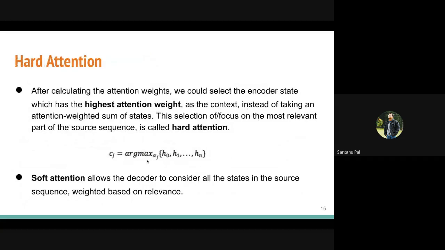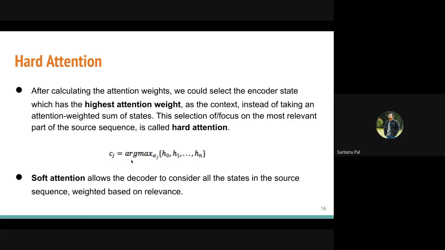So here c_j, the context vector, will take the argmax based on alpha_j, which is the maximum attention link among these hidden layer weights. Only one, the best weight, will come, and then c_j will choose it.